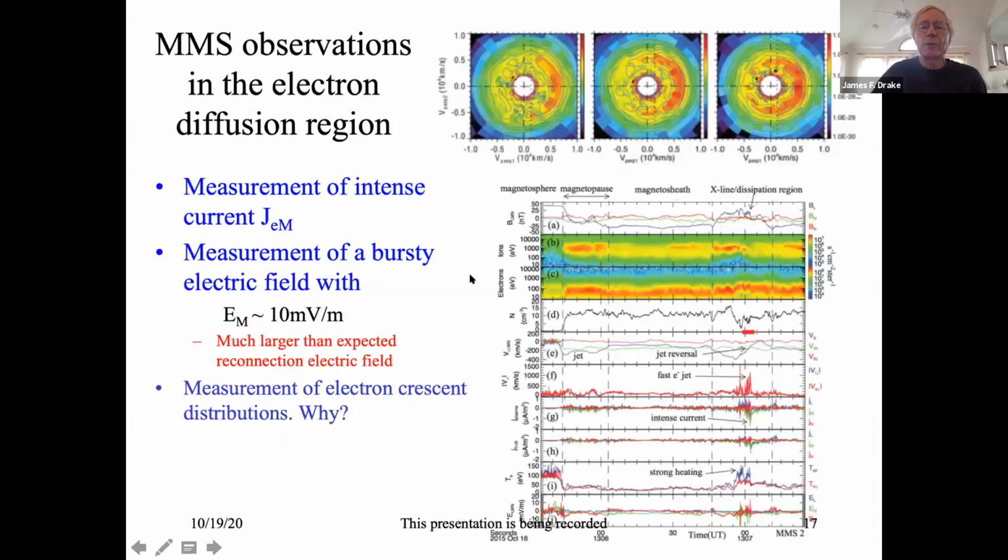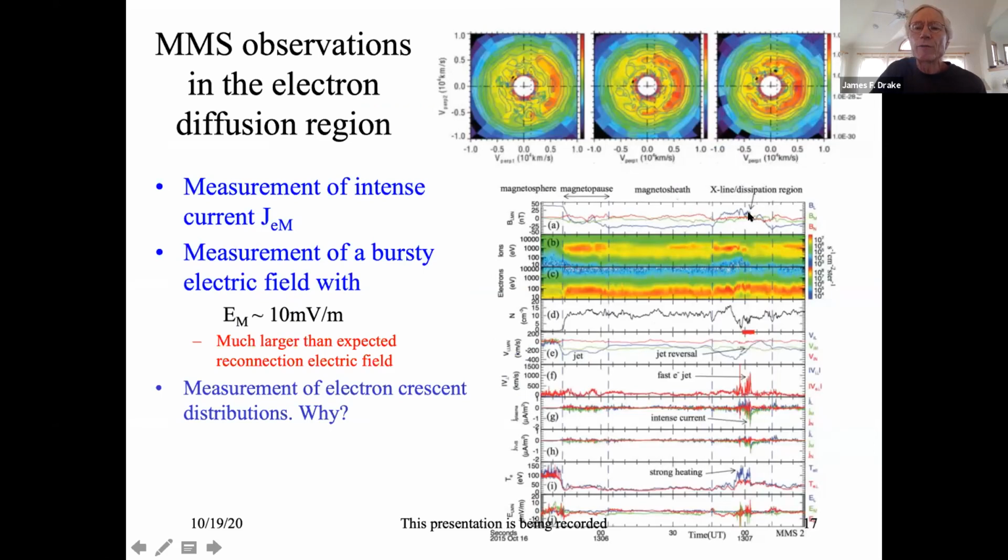Okay, so here are the MMS observations. This is a relatively long time plot showing the trajectory that I just showed you previously, going across the magnetopause into the magnetosheath. And the reconnection event and the electron dissipation region is in this small region right here.